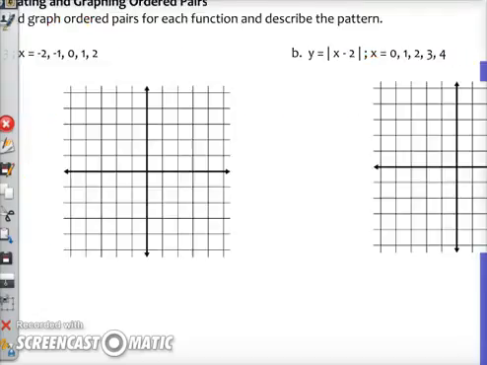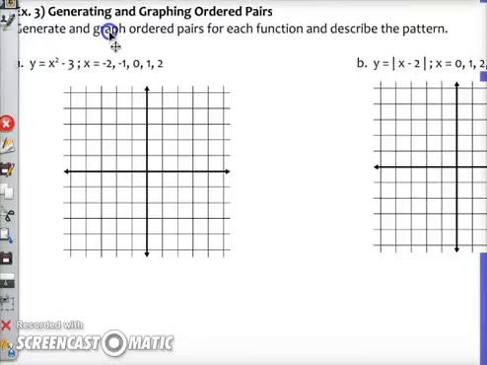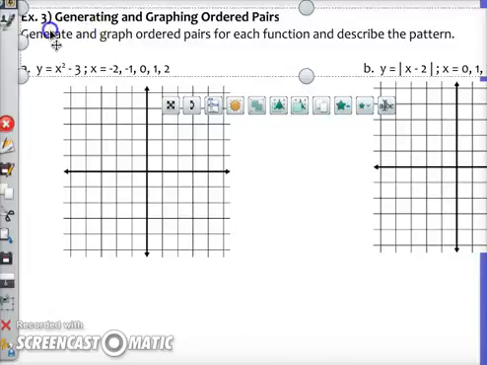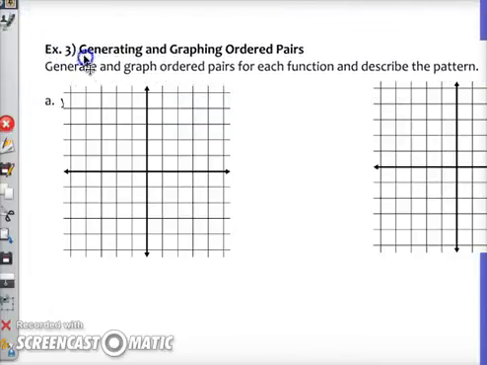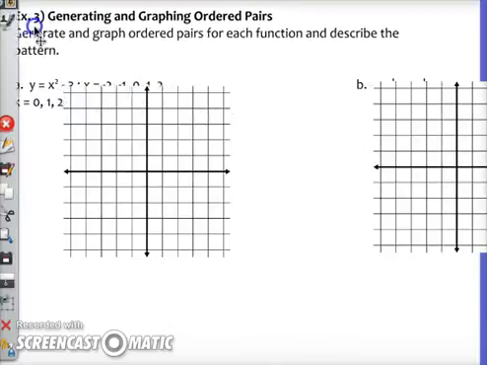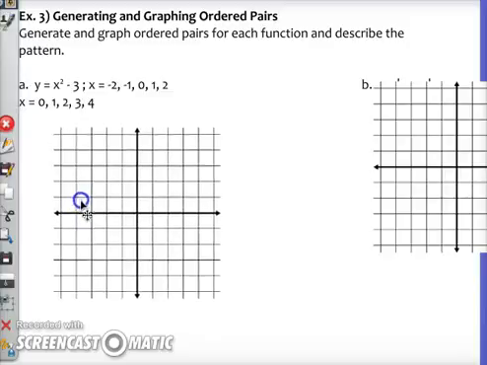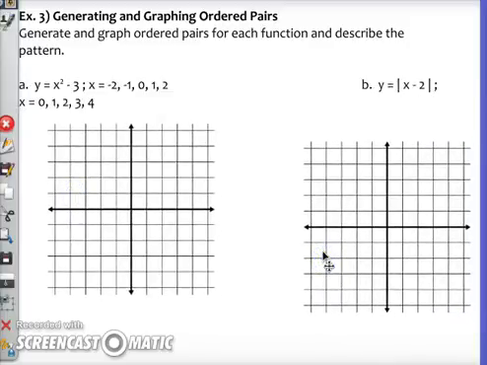Okay, the next thing we're going to do is we are going to graph some more ordered pairs for a pattern. The first one, make it a little smaller so you can see it a little bit better. There we go. Perfect. Okay.